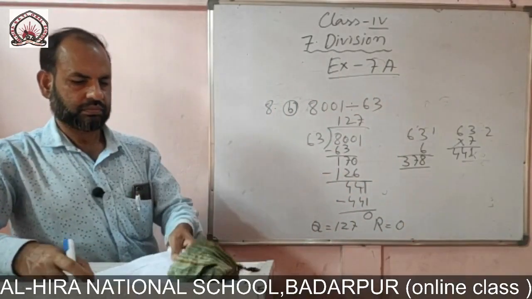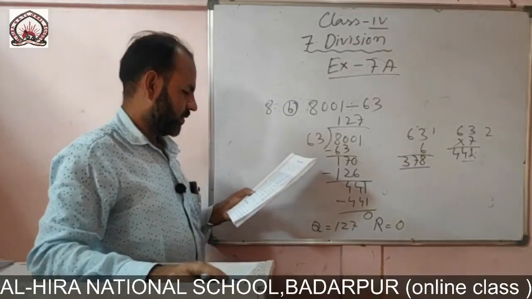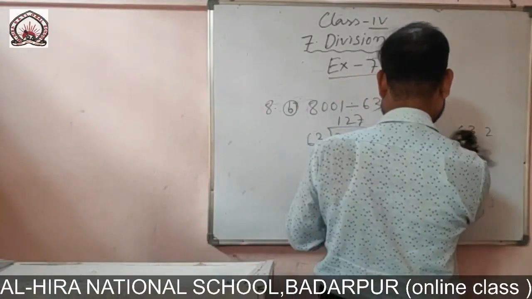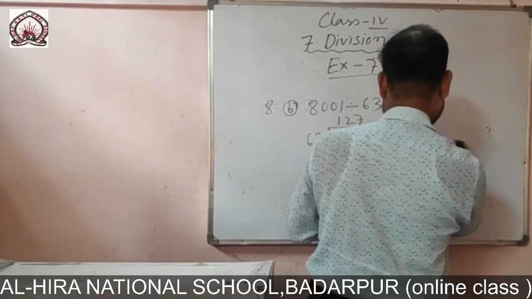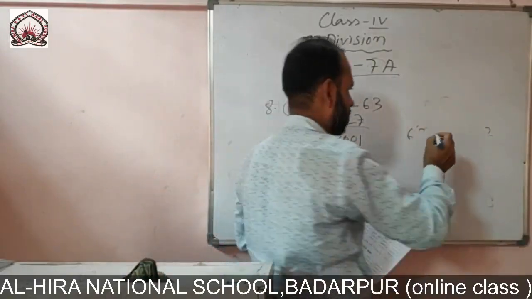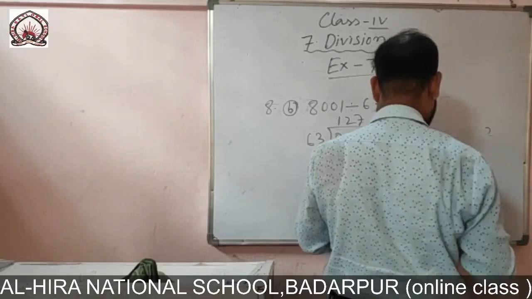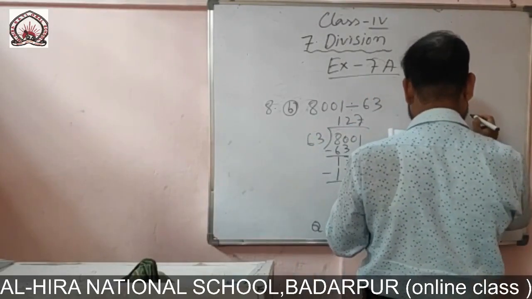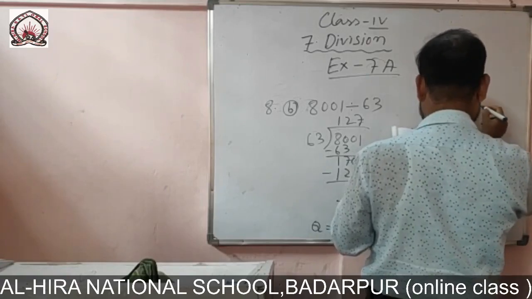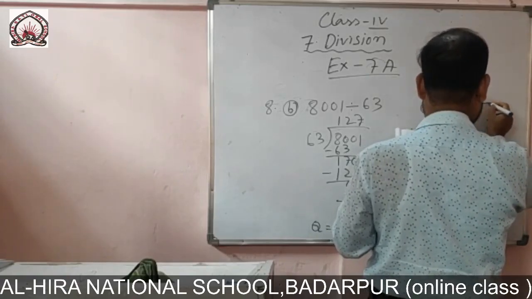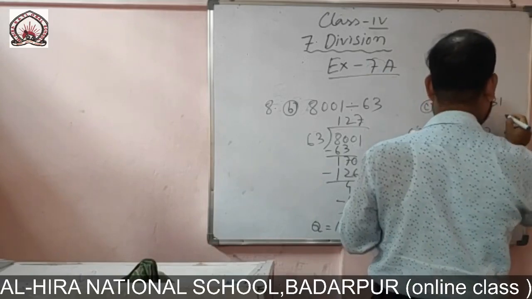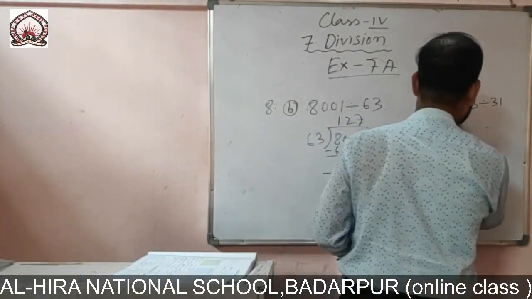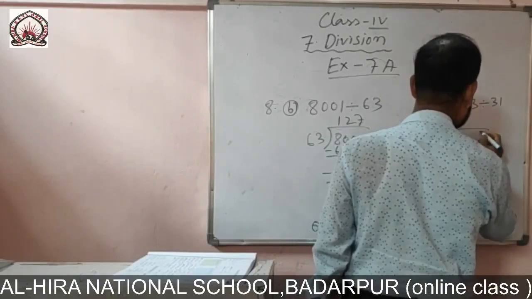Next, see question number 8C. 6293 divide by 31. So we divide here 31 6293.